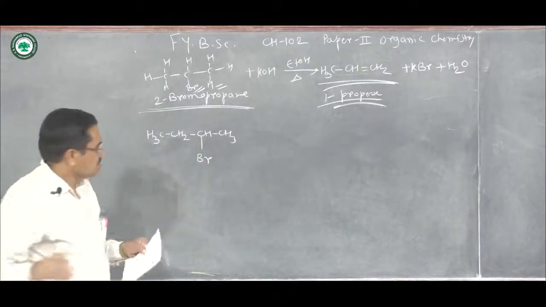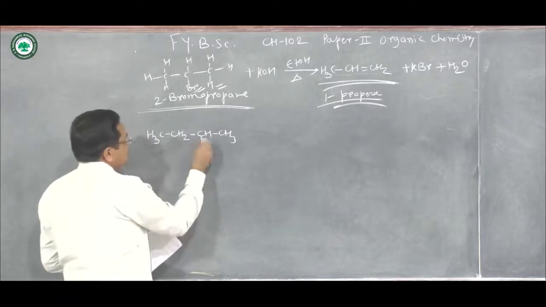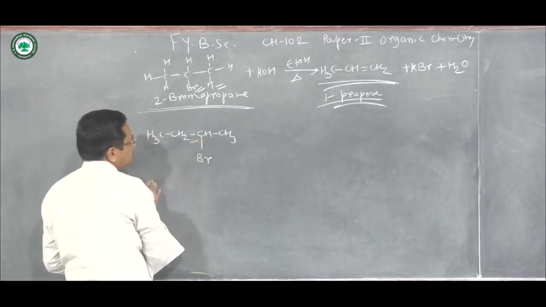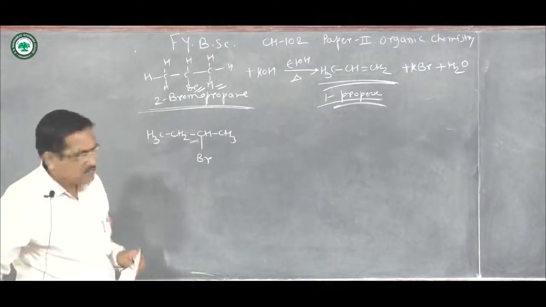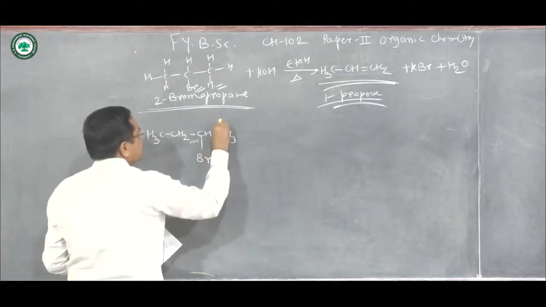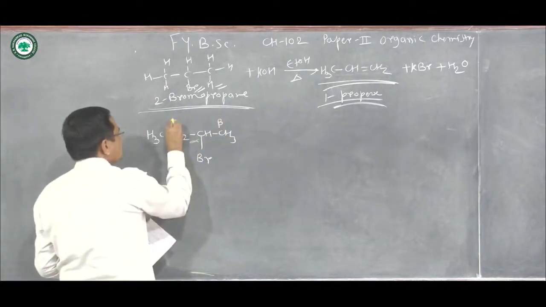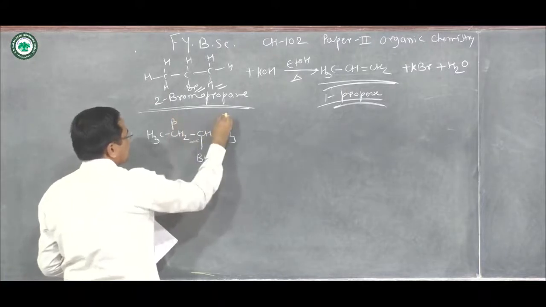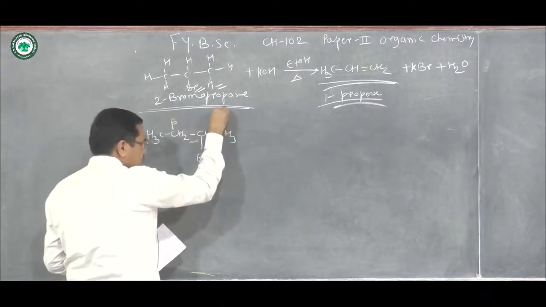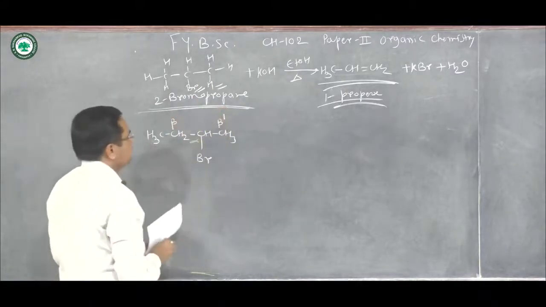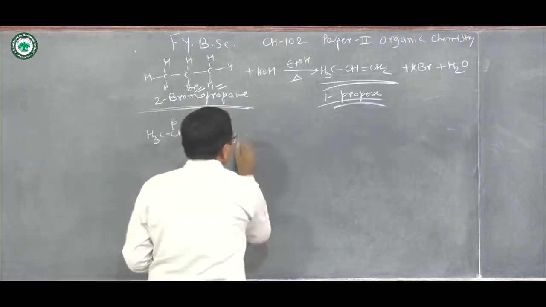Here this Br is attached to this carbon atom, so this is the alpha carbon atom, and this is the beta carbon atom, this is also a beta carbon atom, but this one we can say is beta dash.